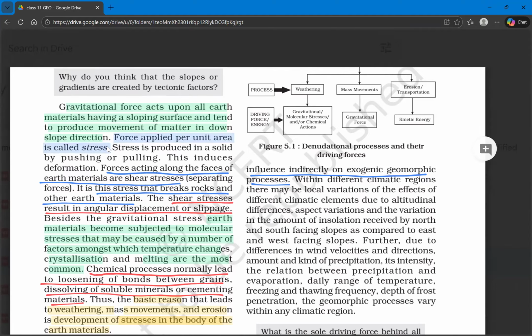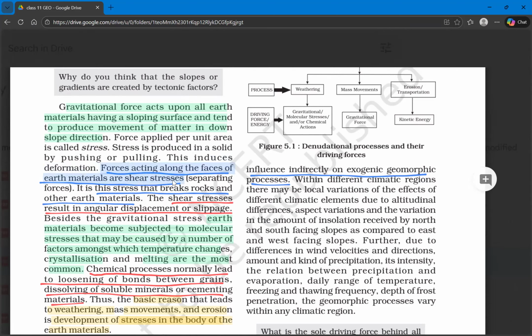So we all know what stress is. But this stress is produced in a solid by either pushing or pulling. And what happens when a stress is applied on a solid material? It induces deformation.